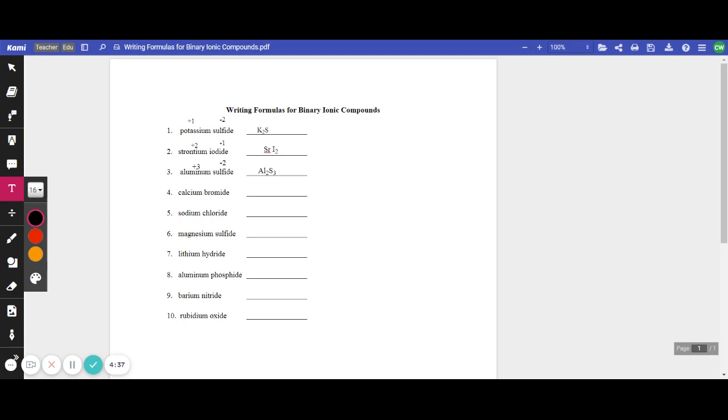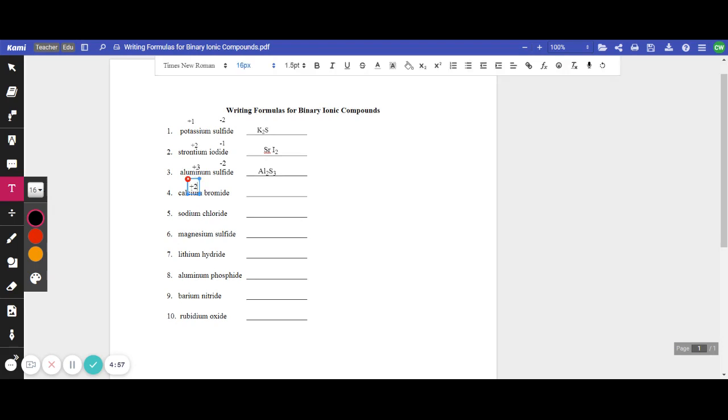You can always do it that way if you have a hard time thinking in terms of the metal, the non-metal, and what you need to multiply by. You can just take the metal's oxidation number and make it the subscript on the non-metal, and vice versa.